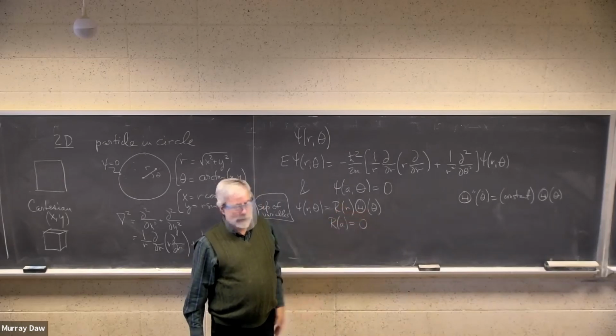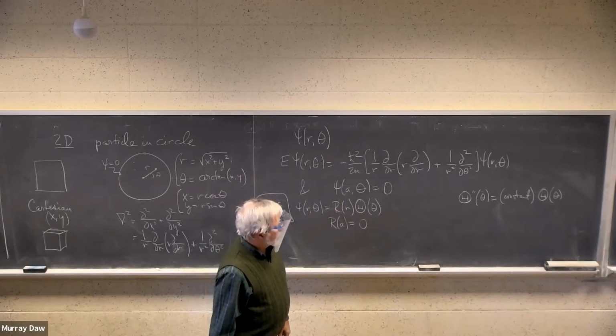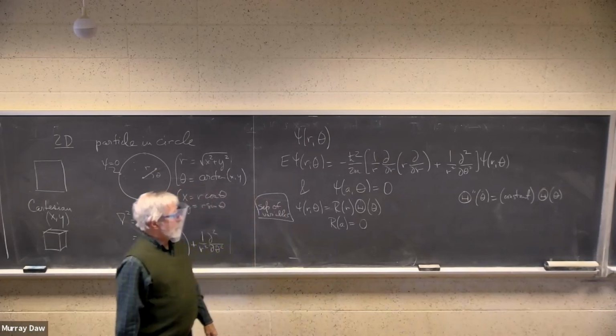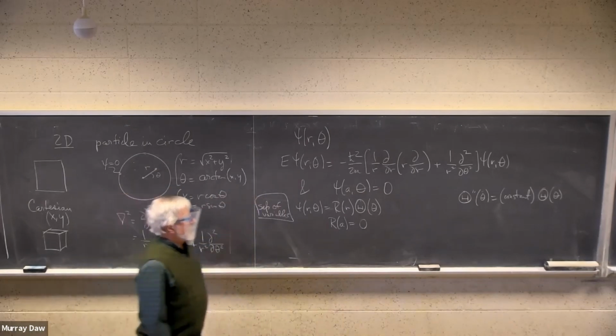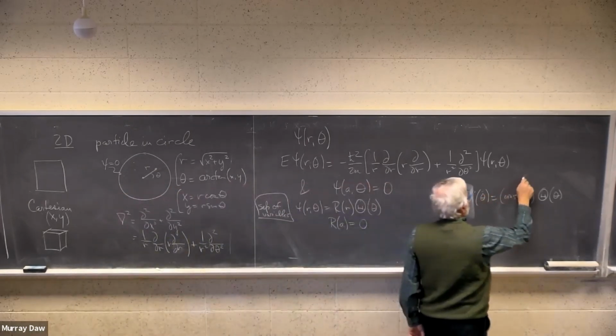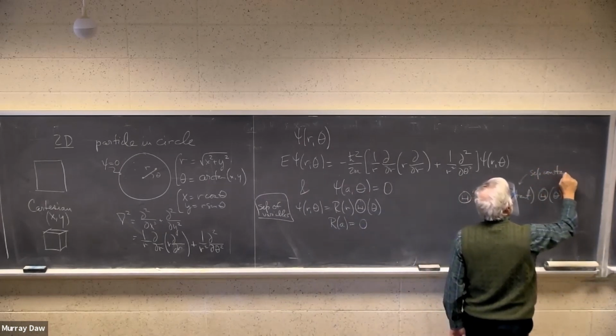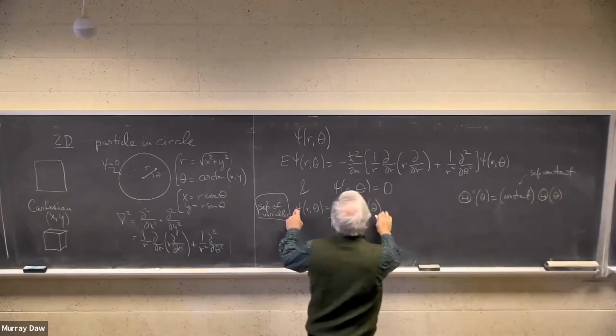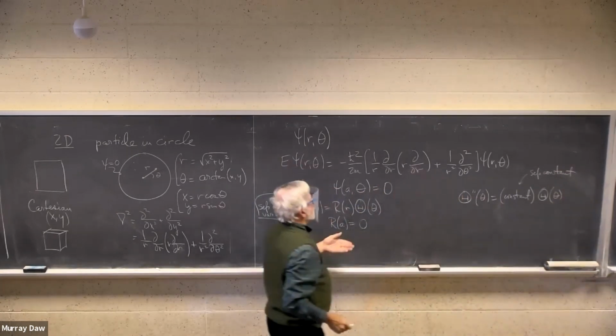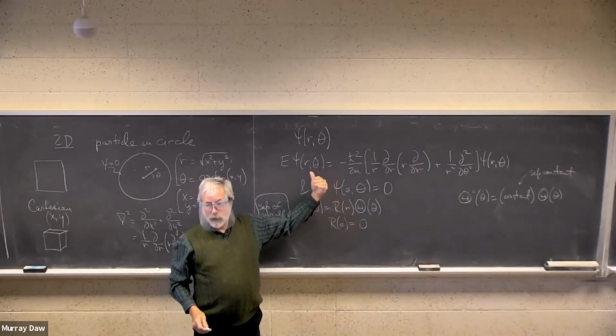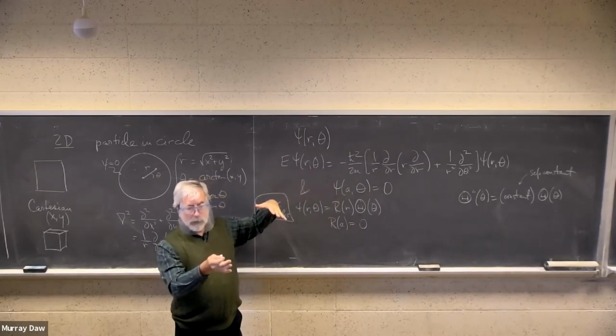It's a function of the angle theta. This constant here is the separation constant. So when I plug this into here and then collect terms in theta and r, I get two different equations.